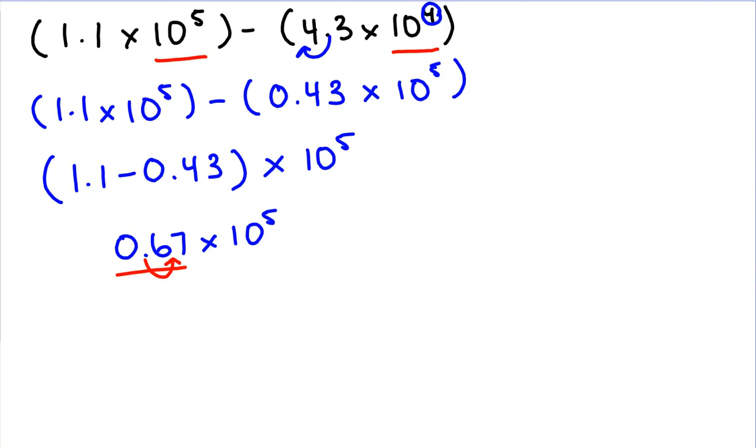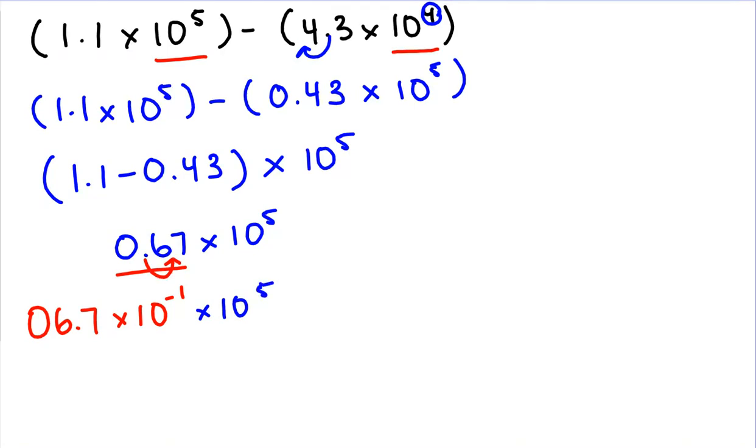And when we do that, we're going to use scientific notation. So we're going to write this as 6.7 times 10 to the power of negative 1, because we had to move it to the right here. And we're going to keep this 10 to the power of 5.